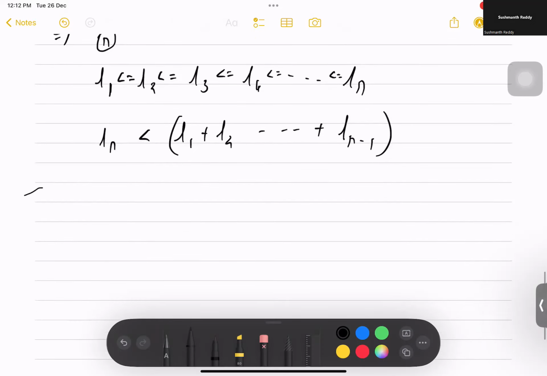Then we say it's a polygon. And obviously there should be at least three sides, because with two sides it's impossible to construct a polygon. So n should be greater than or equal to 3. Then we say the figure is a polygon.